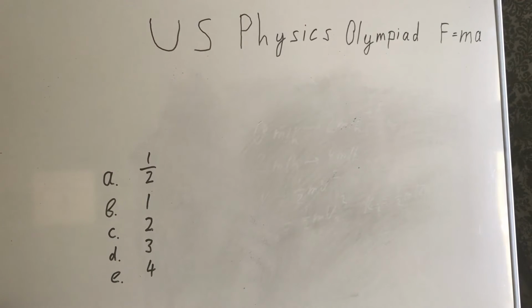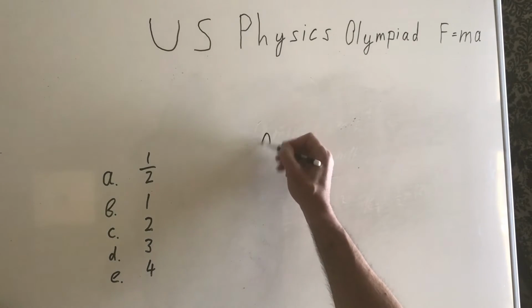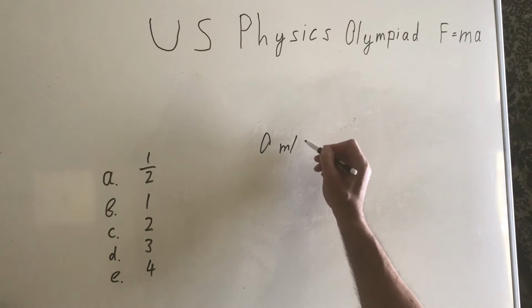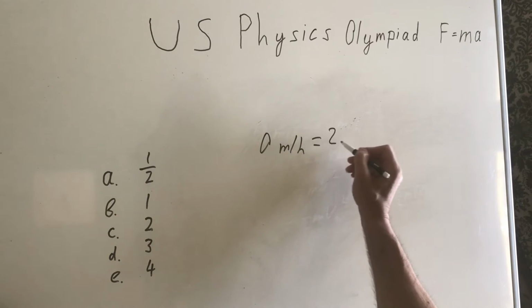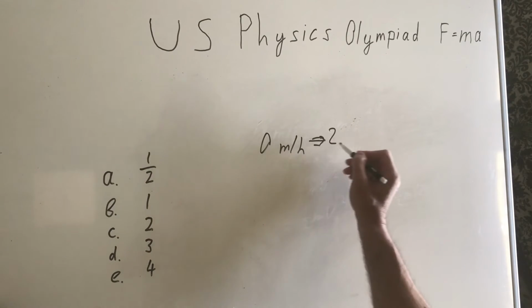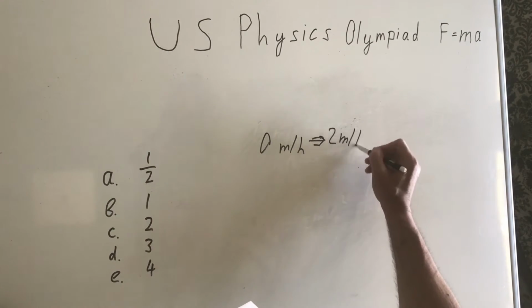Problem number 7. The chemical potential energy stored in a battery is converted into kinetic energy in a toy car that increases in its speed from 0 miles per hour to 2 miles per hour.